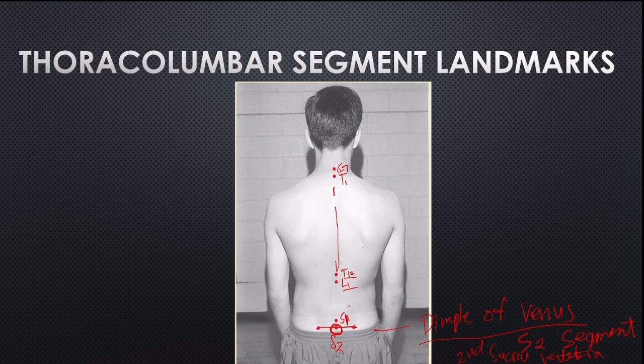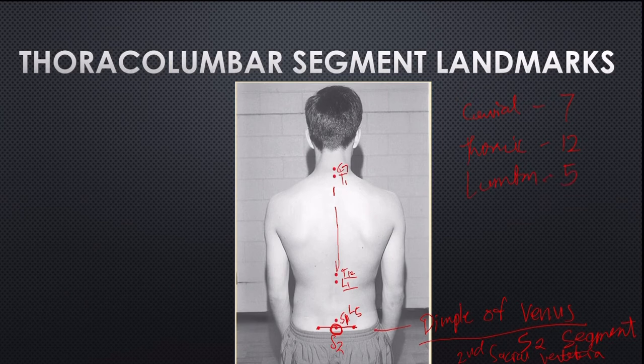Above S1 is L5. That's the last lumbar segment. Okay, I hope you can follow the alignment of the spine. That's why you need to know how many cervical vertebra we have. We have 7 cervical vertebra. Thoracic, we have 12. Lumbar, we have 5.